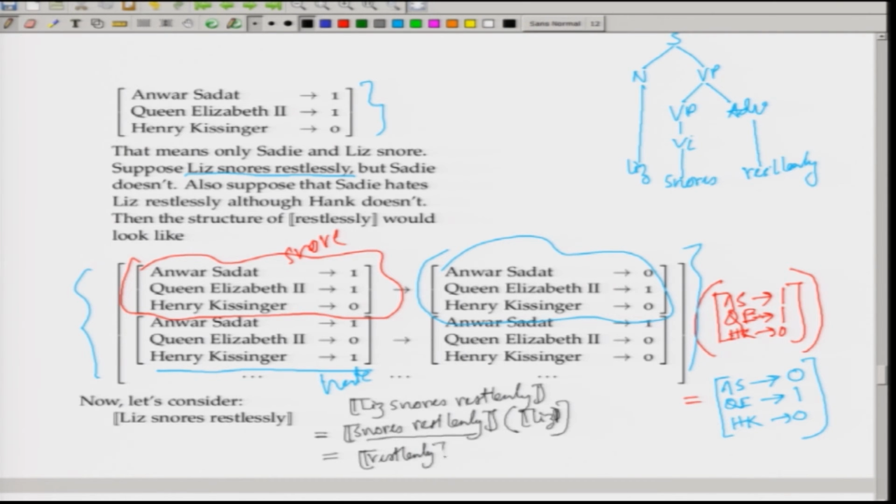Restlessly takes this as an argument, that is snores, and then this function takes Liz as an argument, and finally the result comes out. So, we can see the result. So, the first part, restlessly is this big function, it takes snores, this small function snores. The result is this function which comes out.